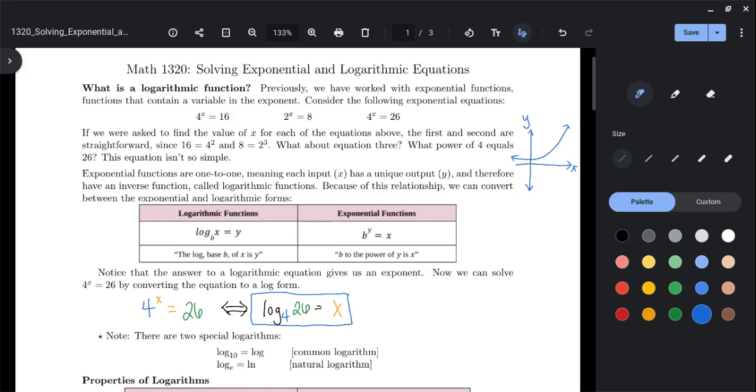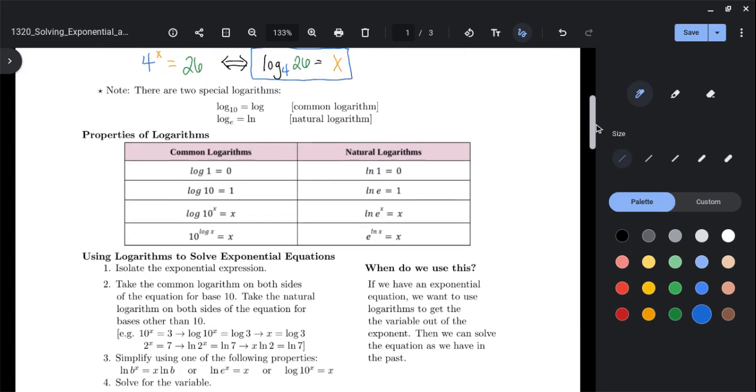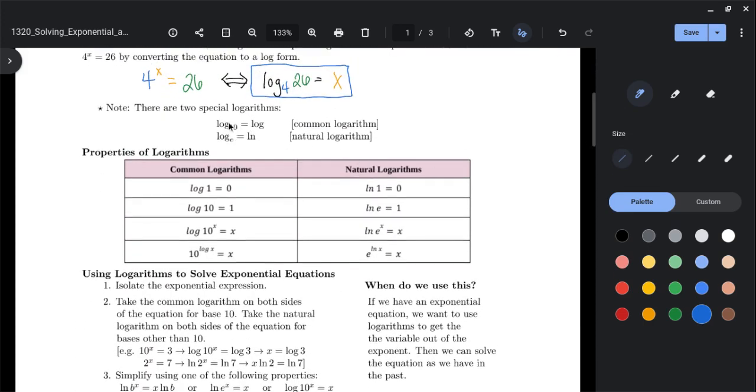Now, as we're going through and solving our different logarithmic and exponential functions, there are two things that we need to know, and those are some special logarithms. We have something called the common log, which is log base 10, and you'll most likely see it denoted with just the word log.